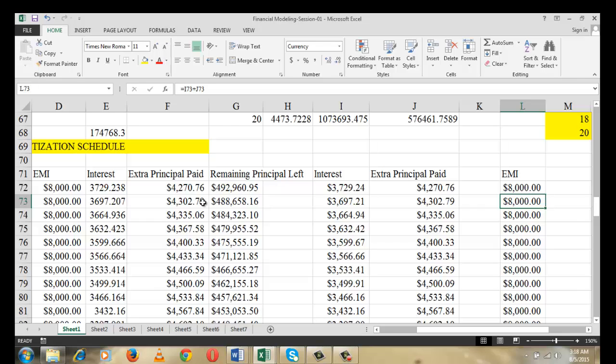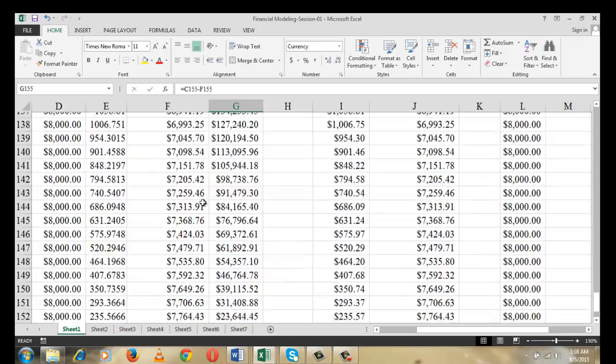That is something we need to understand here. And ultimately, if you see, the remaining principal in this case is zero.